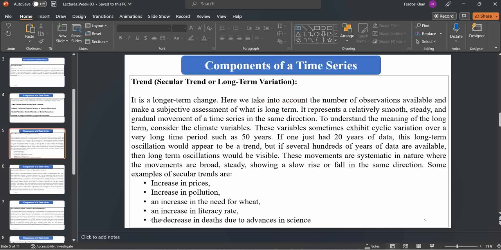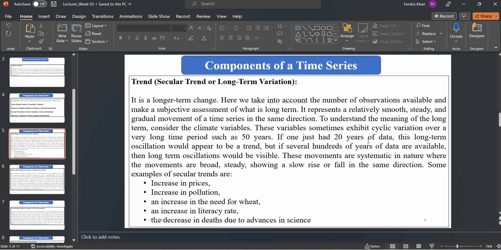These variables sometimes exhibit cyclic variation over a very long time period, such as 50 years. If one just had 20 years of data, this long-term oscillation would appear to be trend. But if several hundred years of data are available, then the long-term oscillation would be visible.